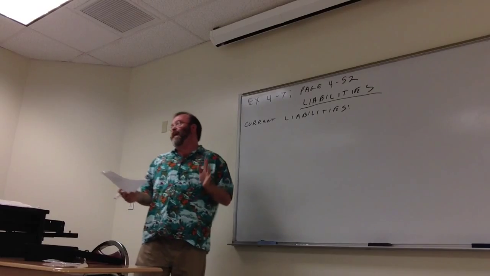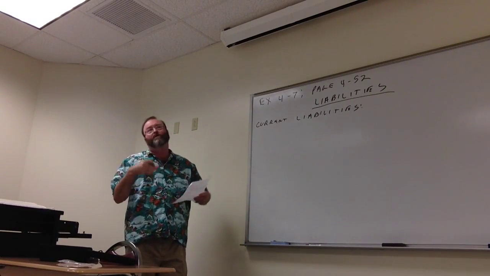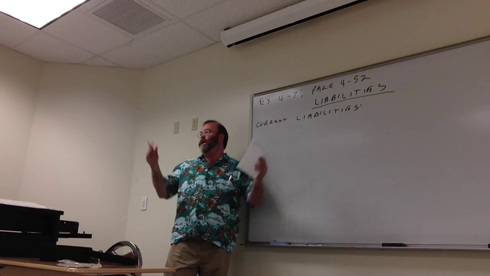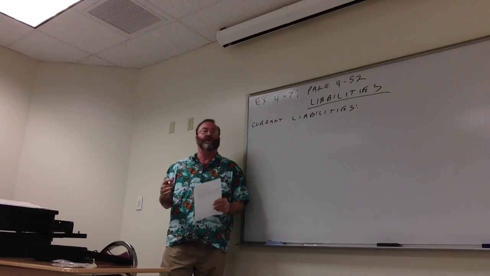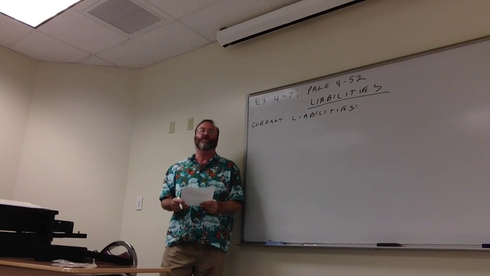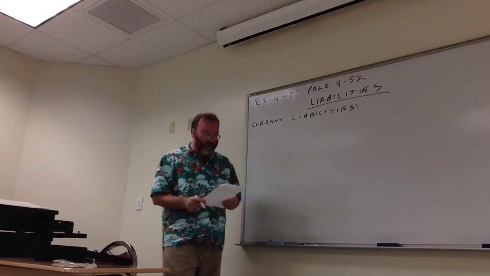While this doesn't have any specified order, the most common way you see it presented is in inverse order, from the highest amount owed to the lowest. Sometimes you'll see it in alphabetical order, or traditionally, they always list accounts payable first.